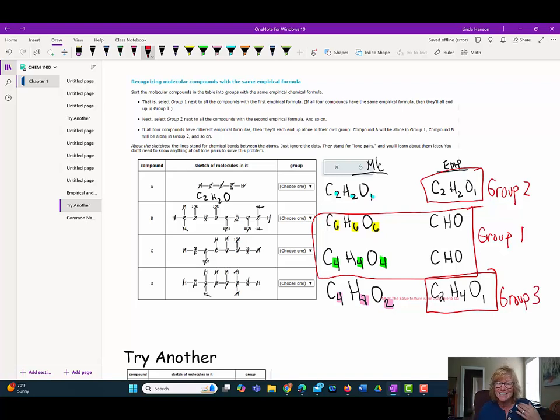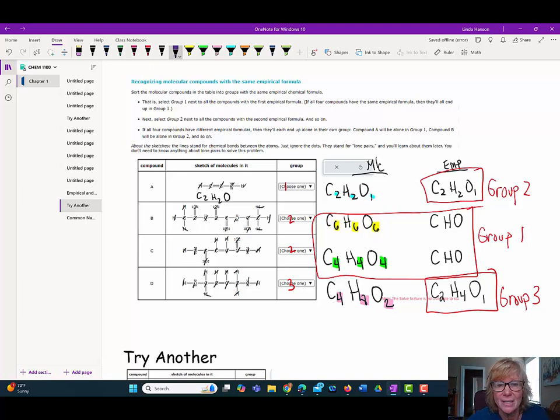Now, friends, it does not matter what you call group 1 or what I call group 1. It just matters that you've grouped the same empirical formulas into the same group. So if you called this group 1 and this group 2 and this group 3, you would get 100%. They're grouped properly.